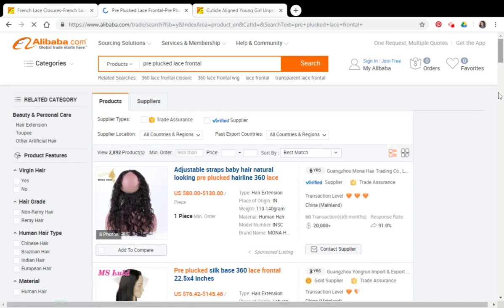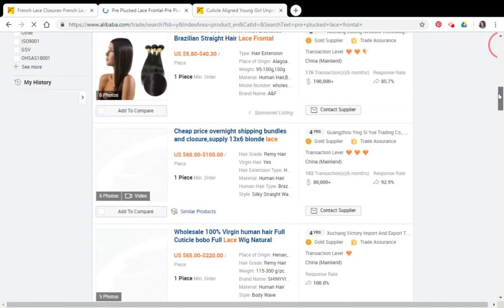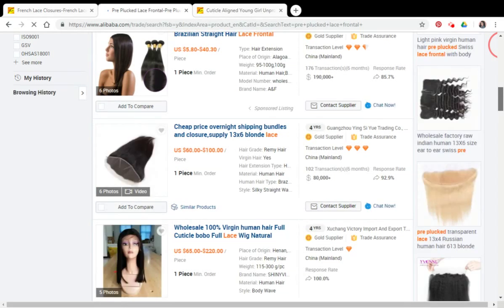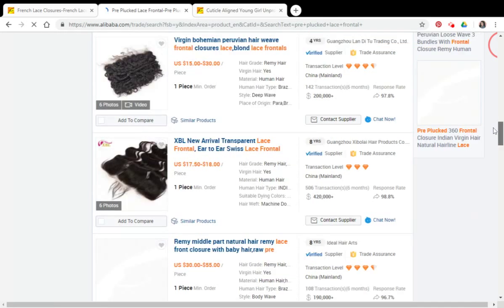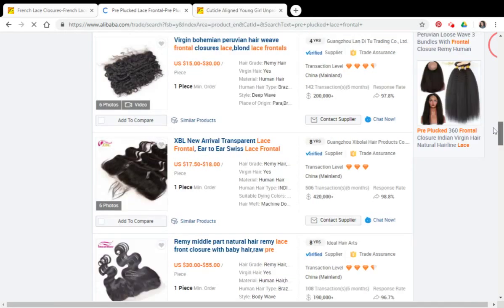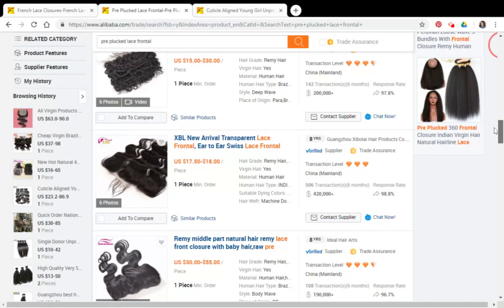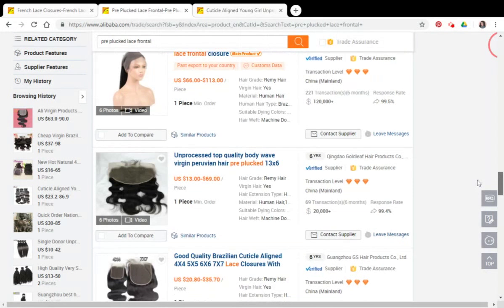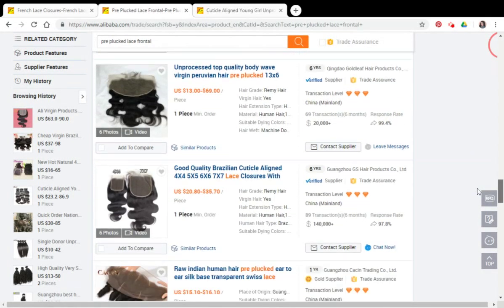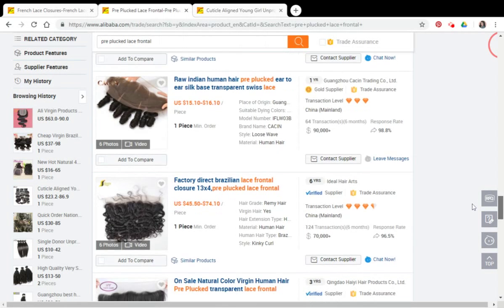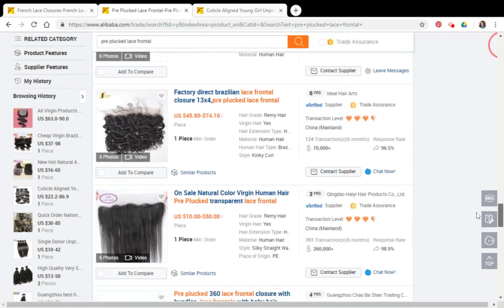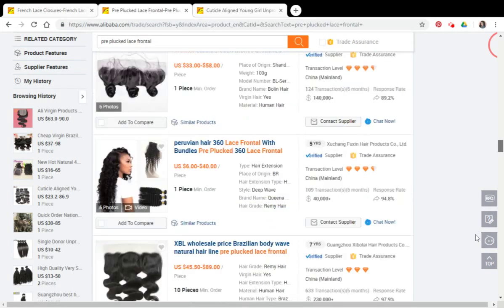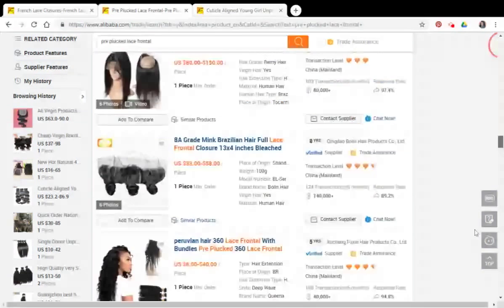So the density would be more of 90% in the front hairline. Okay? So you have a hairline that looks more natural instead of a really, really dense hairline.